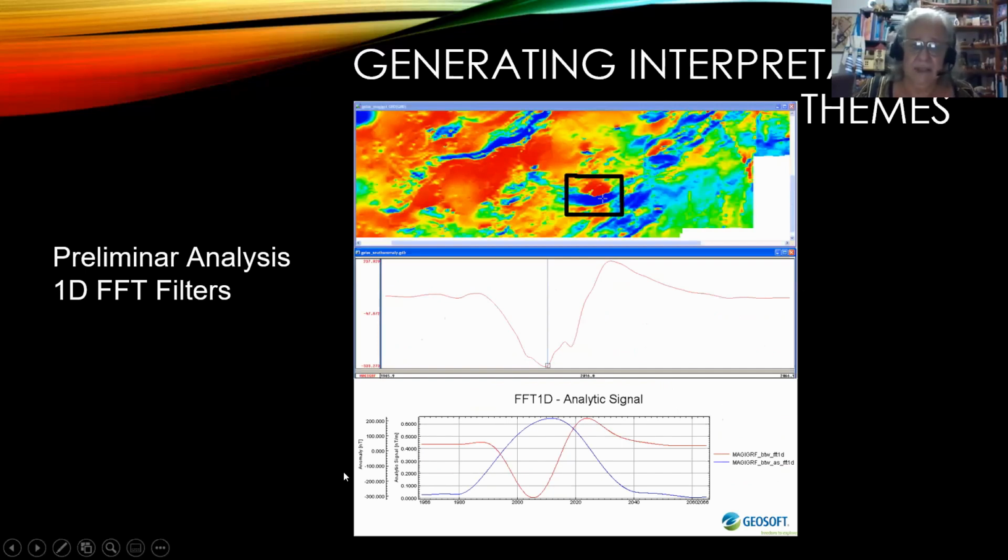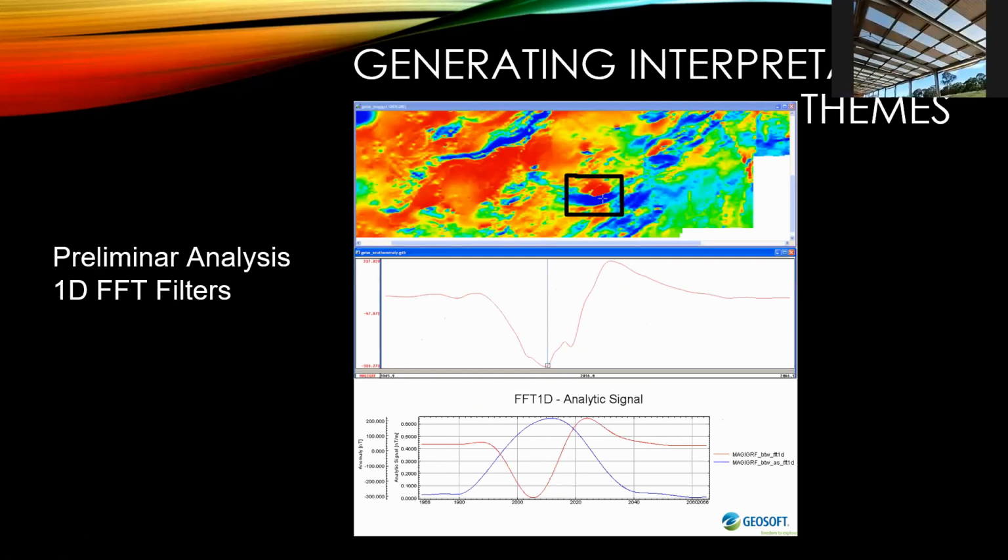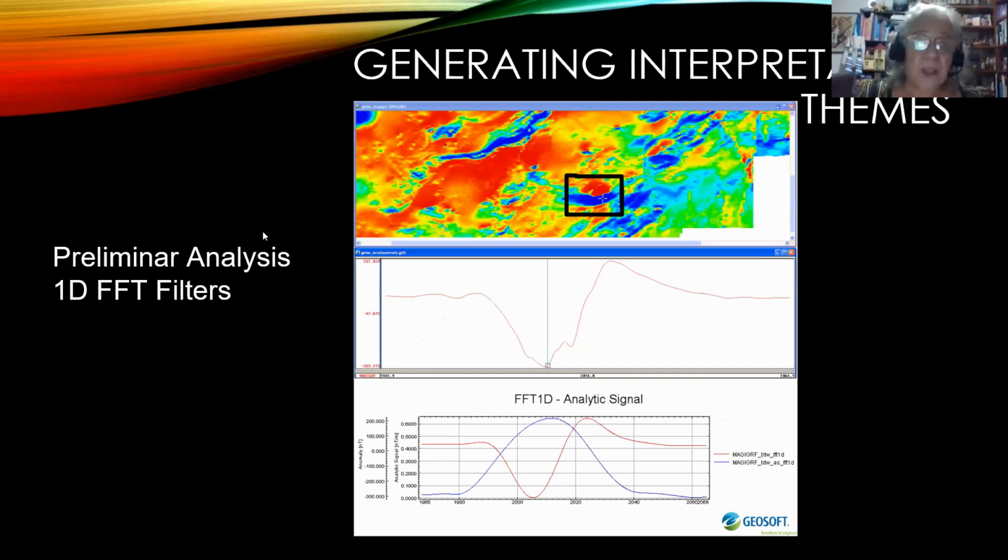And then when you have all your data corrected, you start generating interpretation themes. So you can do it in 1D, doing a 1D analysis. You can see that you have a dipole here, and you look at the profile of the data.